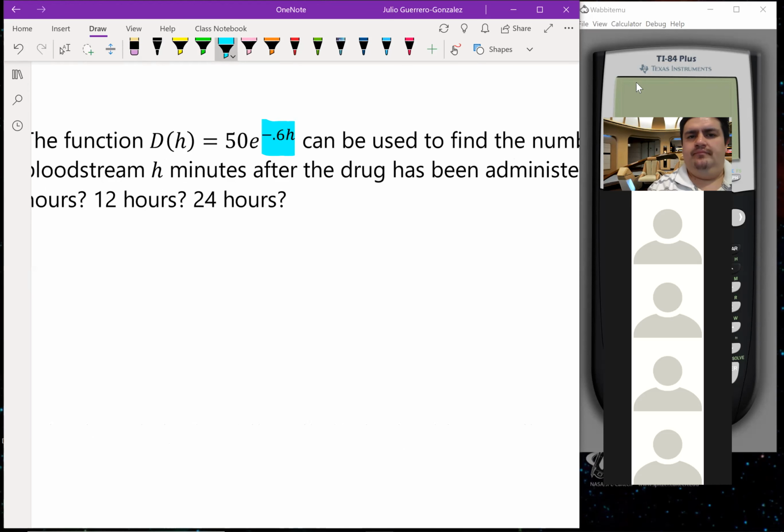The 50 is being multiplied here, so there's a multiplication in between. The only thing that goes in the exponent is this, so it's actually to the e that's doing that. Exactly. So you need e to the.